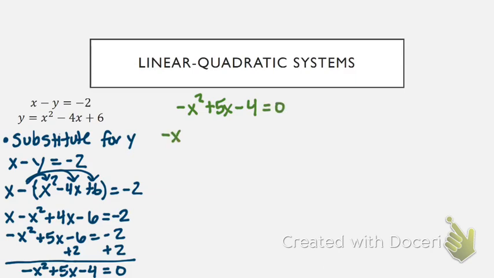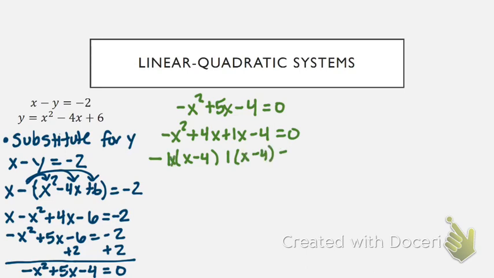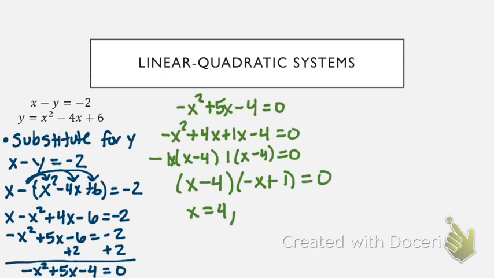So we have negative x squared plus 4x plus 1x minus 4. So my factors are x minus 4 and negative x plus 1. So x equals 4 and 1.